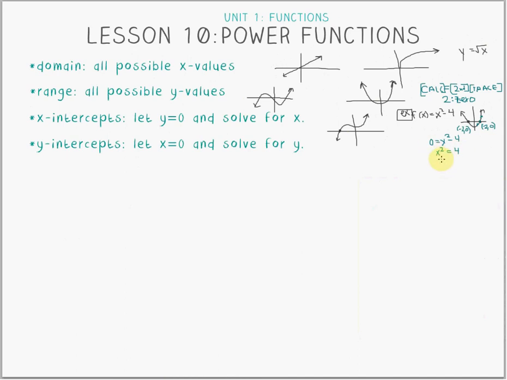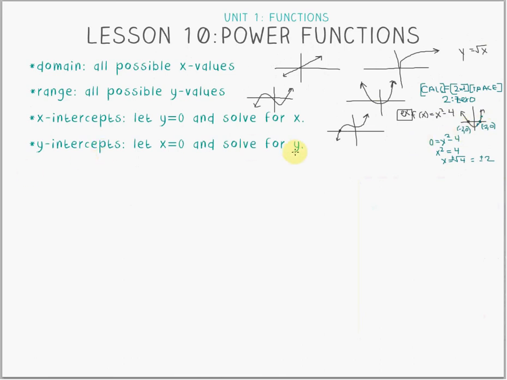Then we're going to square root both sides. So I have x equals the square root of 4. Well, when you take the square root of both sides, you do have to do plus or minus, and this is where you would get plus or minus 2, which is the square root of 4. So just showing you that that gives you the x values where y equals 0. Or you can find them with a calculator.